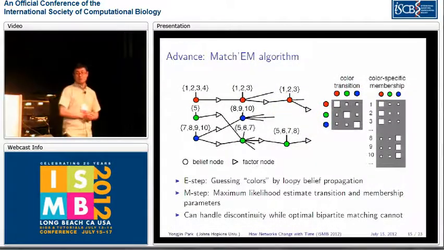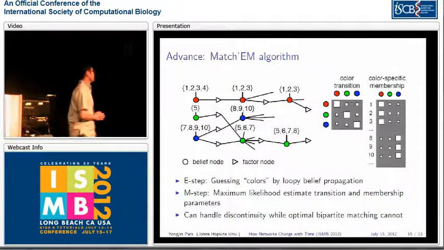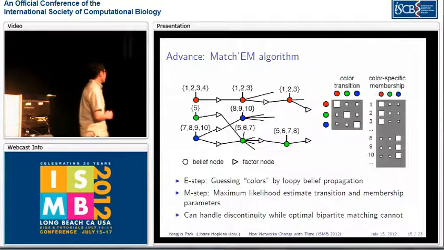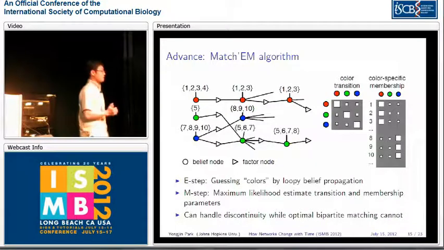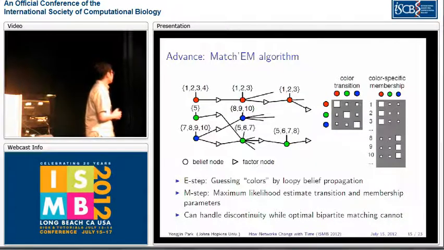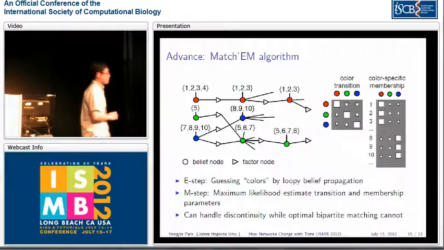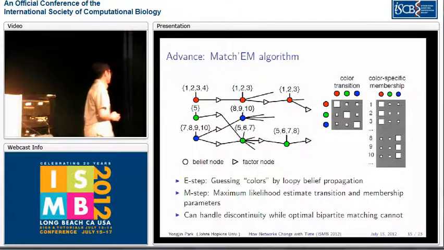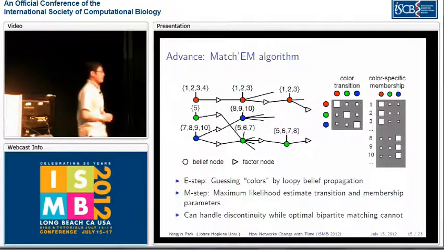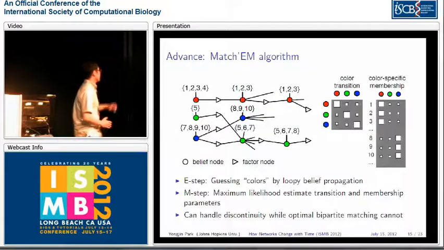The other piece we used was the match EM algorithm, which is basically an EM algorithm. During the E step, you guess the possible labels, here I would say colors, and we guess the colors by loopy belief propagation. During the M step, we estimate the parameters by maximum likelihood, and then we keep going with the E step and M step again.